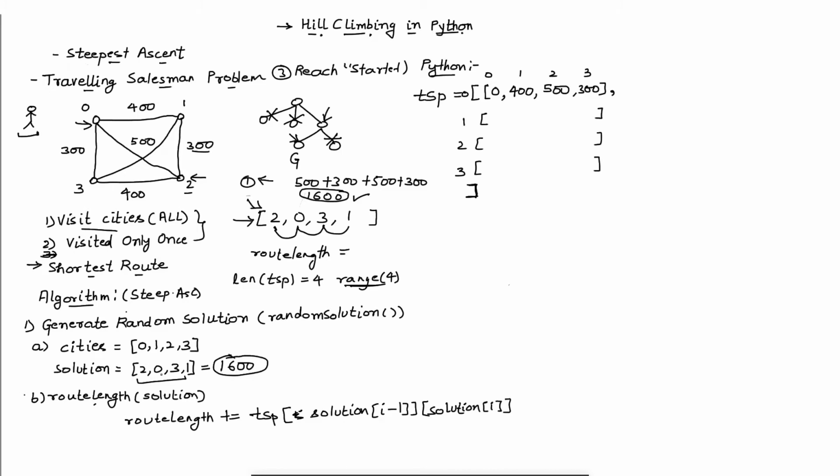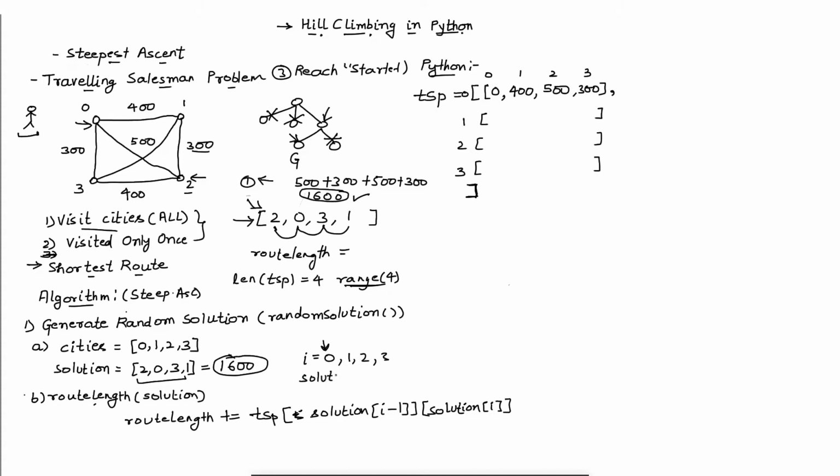So you can see in the solution, first of all the I will have value 0, 1, 2 and 3. So if we pick up 0 in the first iteration, the value of I is 0, so you can see the value at the 0 position is 2, in the solution index. So solution of I minus 1. So I is 0, so 0 minus 1 will be minus 1.